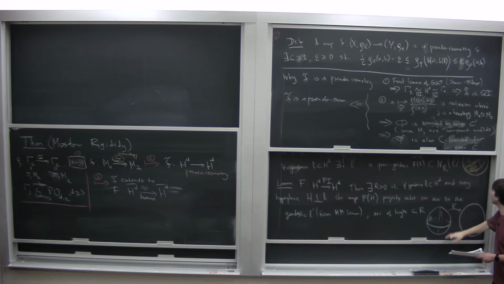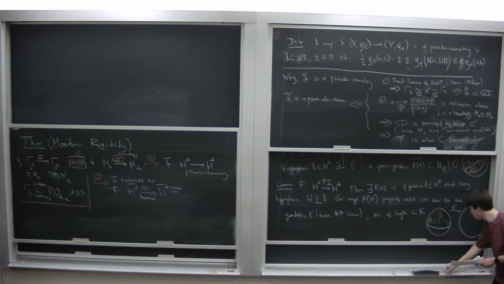So my image is something like that, right? But I have a red geodesic approximating. So this is my L prime approximating my image of L, right?